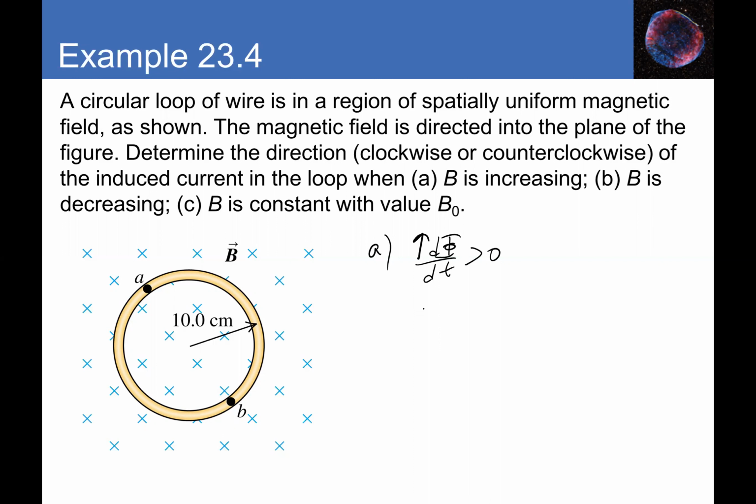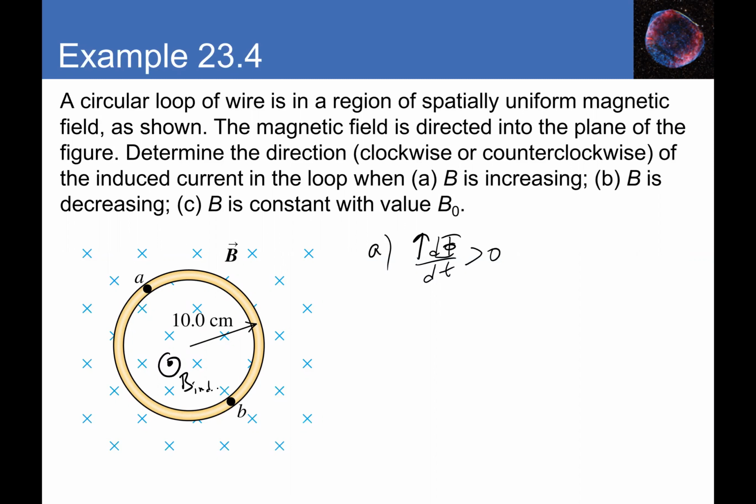As the flux is increasing, this loop is going to try to fight that. It's going to try to have a magnetic field of its own. Again, when the flux is increasing, it's going to try to have a magnetic field induced in the opposite direction. So the induced B should be in the opposite direction of the external magnetic field.